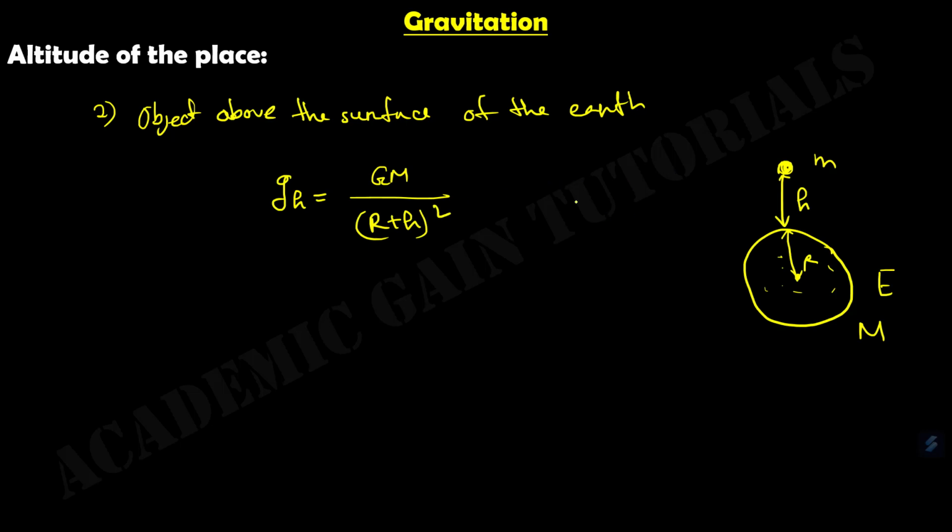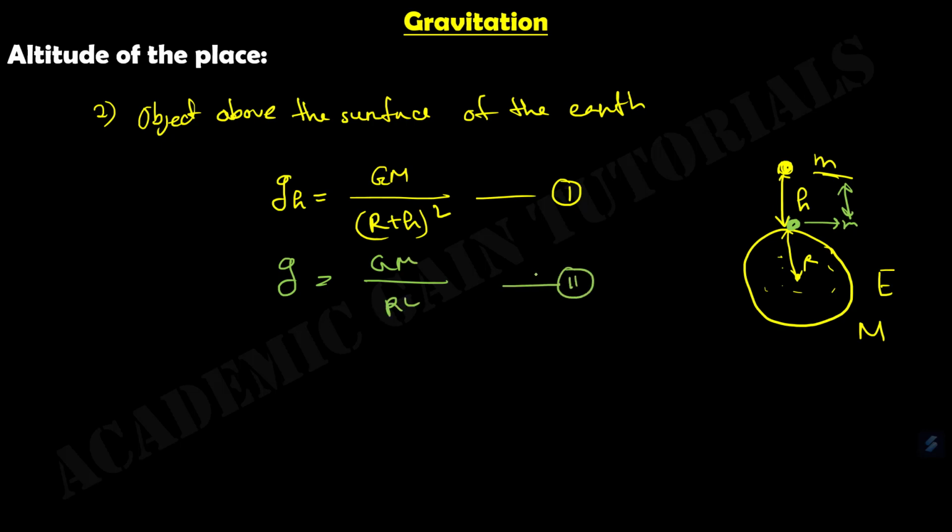So this is our equation 1, and when this object is on the surface of the earth, then in that case our equation 2 will be g equals GM by R square.